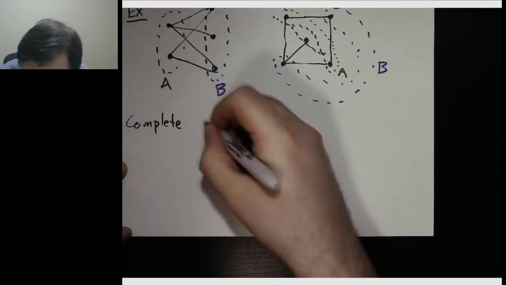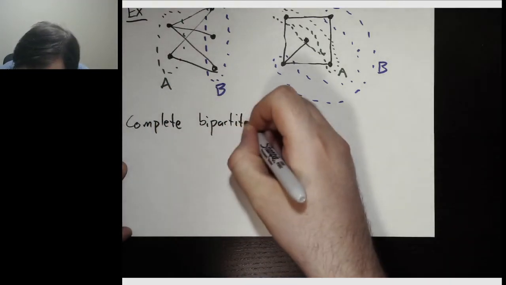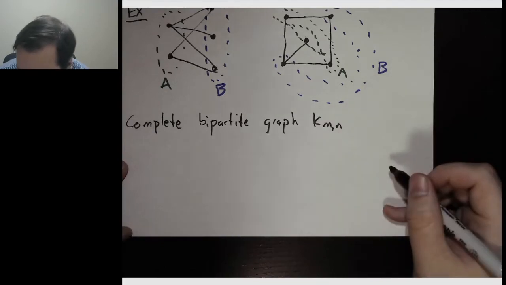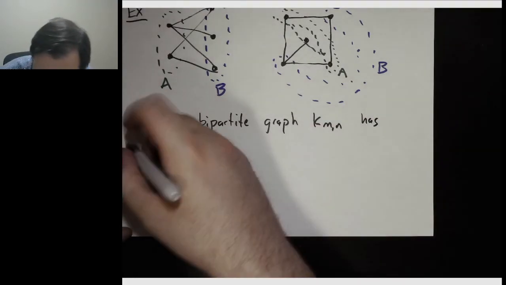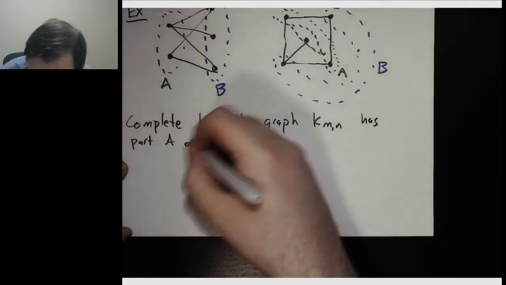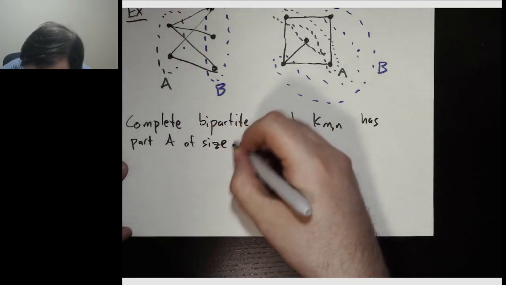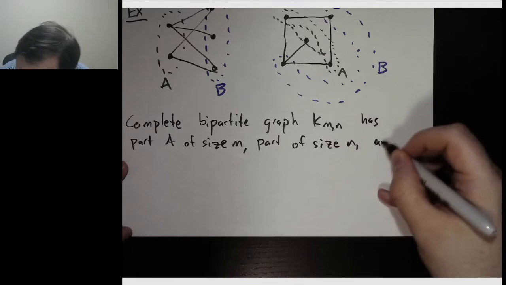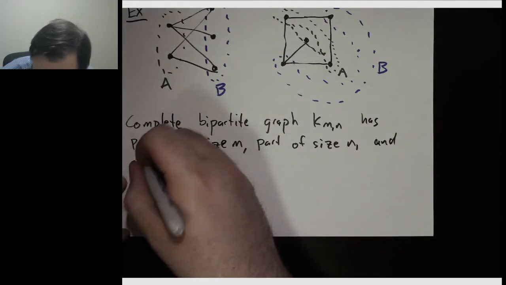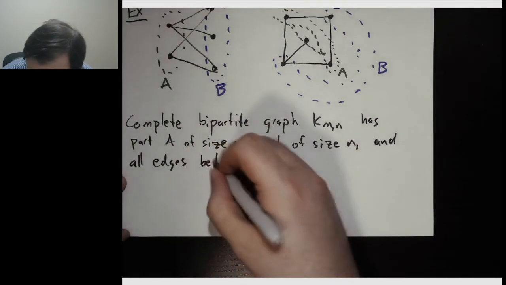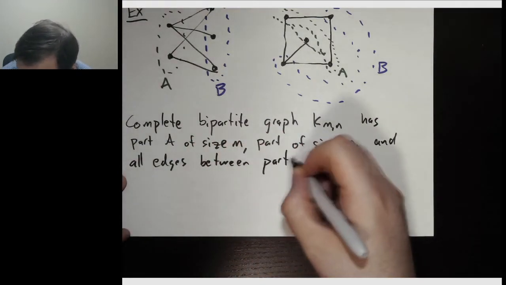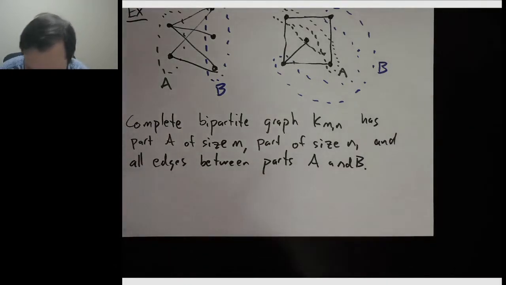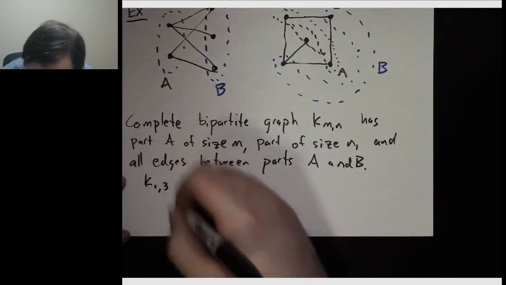So a complete bipartite graph K_{M,N}, again, that's a capital K, has part A of size M, part B of size N, and all edges between part A and part B. So here's K_{1,3}.